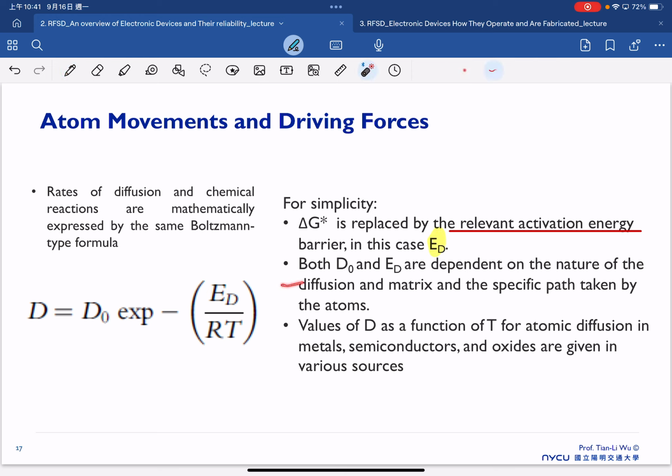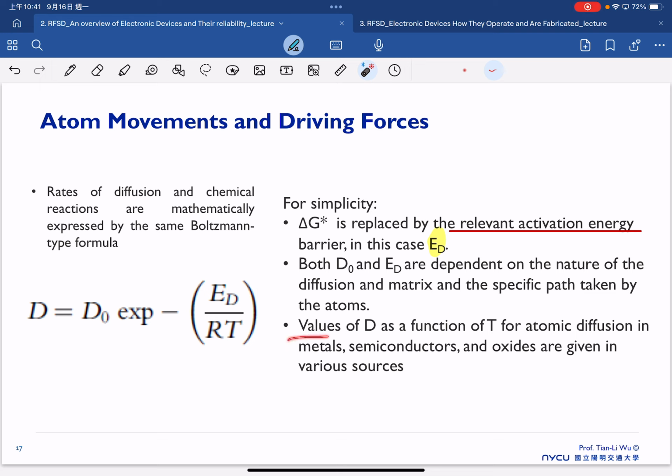Both D0 and ED are dependent on the nature of the diffusion matrix and the specific path taken by the atoms here. So D0 and ED are factors that highly depend on the materials, and on how the atom can be moved here.